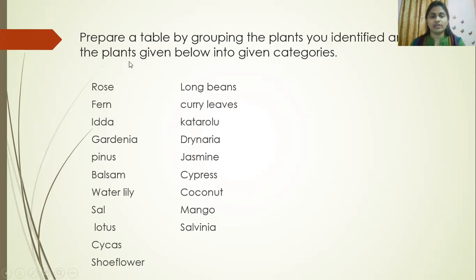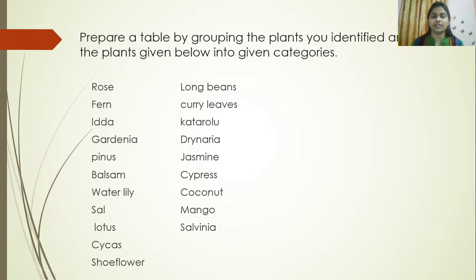Right, look at the question. Prepare a table by grouping the plants you identified and the plants given below into given categories. Rose, quickly do it now.